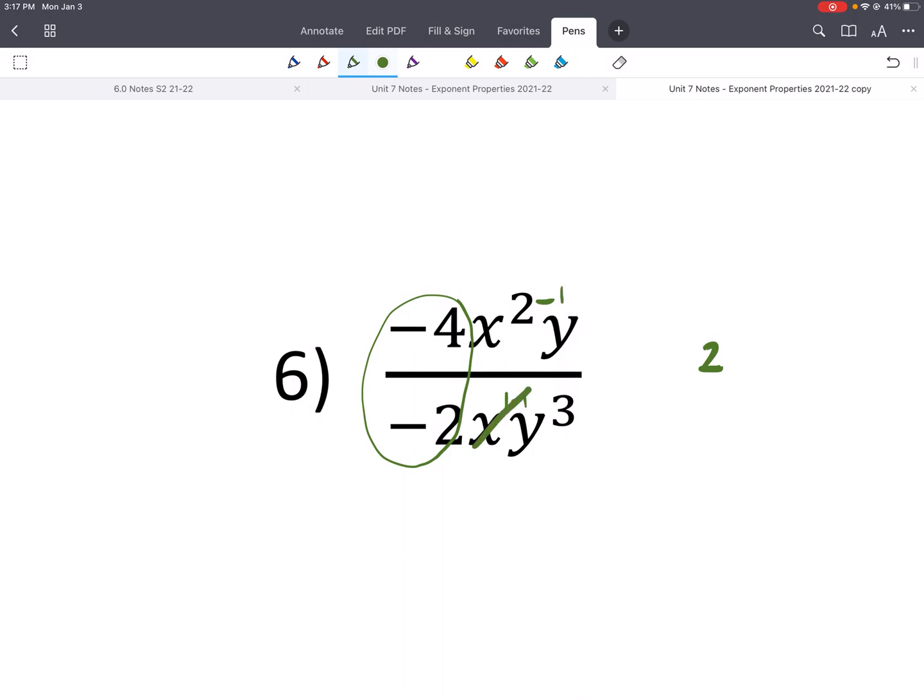That just is gone, that's just a 1. And we'd get x. And we'll do the same for the bottom. This is like a y to the 1. So we'll subtract the smaller from both of them. And then we'd end up getting y, not there, because this is just 1. So we just have what's on the bottom, y squared. Okay?